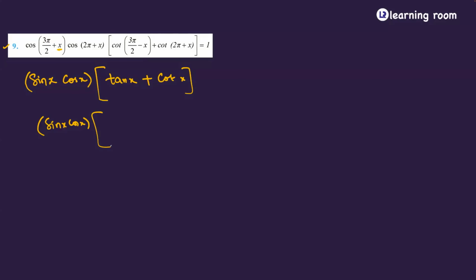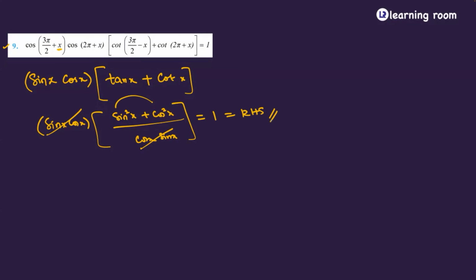So when you multiply it, you will have sin square x plus cos square x divided by cos x into sin x. So cos x into sin x and sin x into cos x both will get cancelled. And sin square x plus cos square x is 1, and this is what is RHS. Got it?